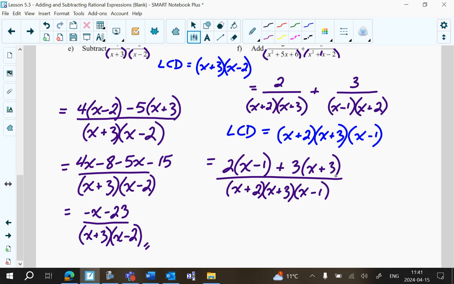So we get 2x minus 2 plus 3x plus 9 all over that big denominator.